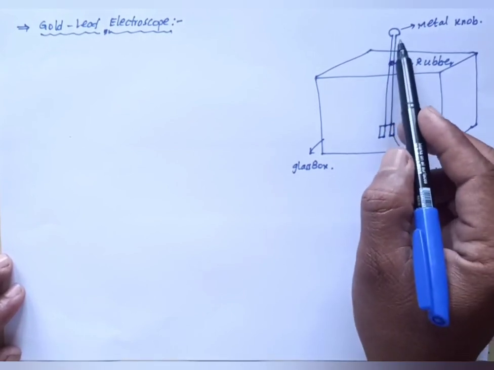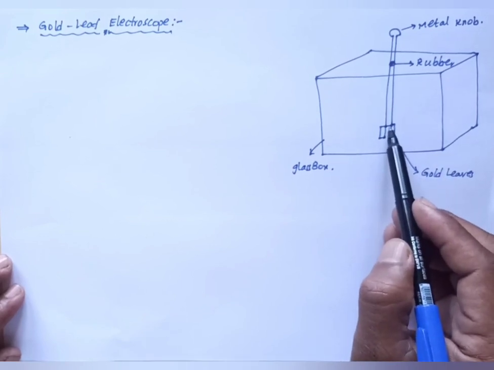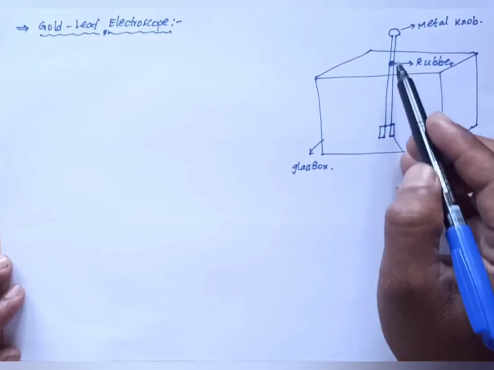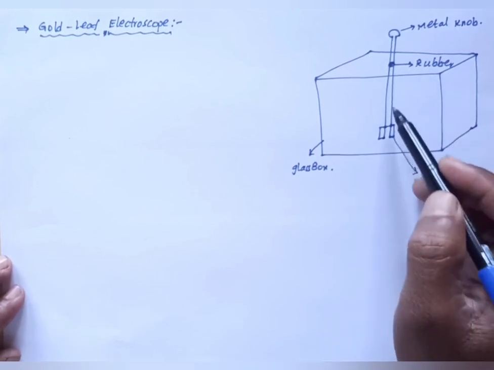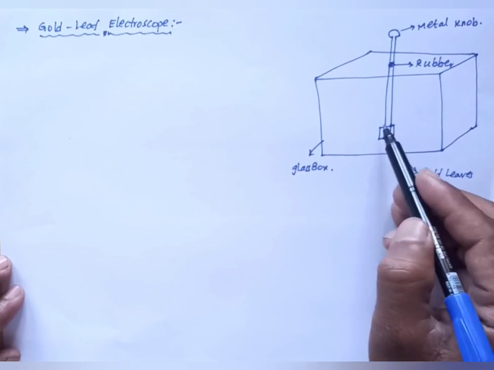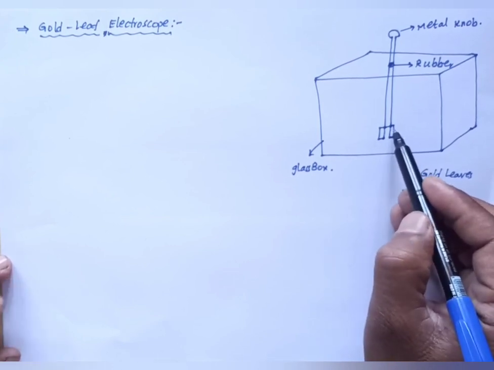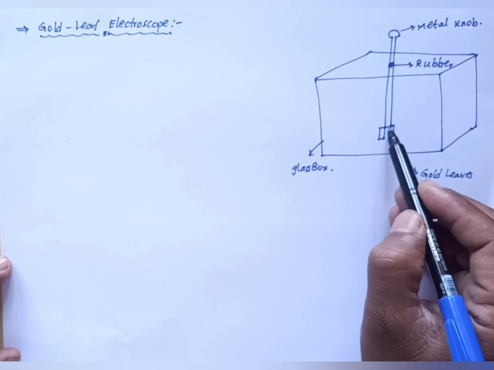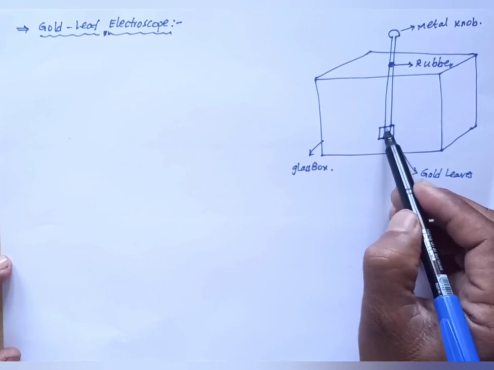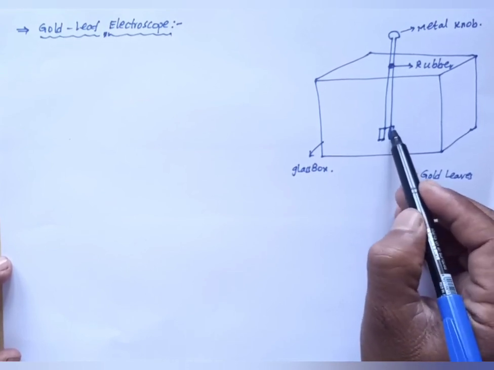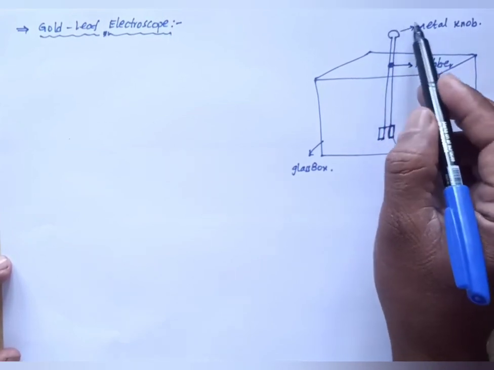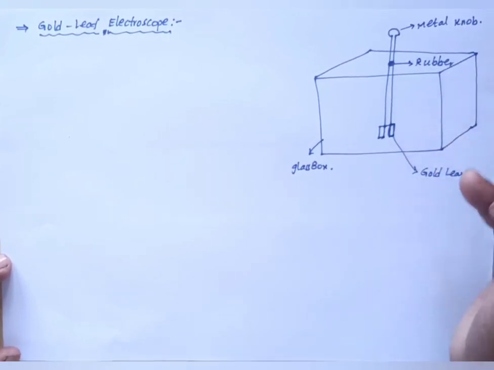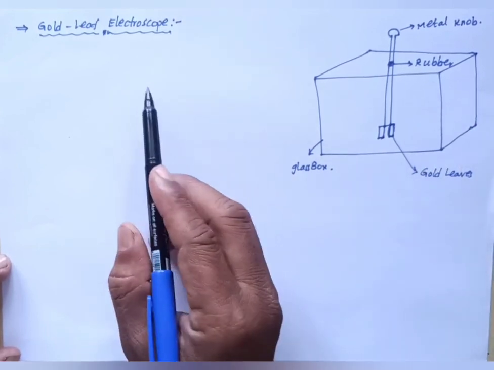Here it is a metal conductor, put through a rubber cork to the inside, and one end of this metal conductor has two gold leaves, and the other end is a metal knob.